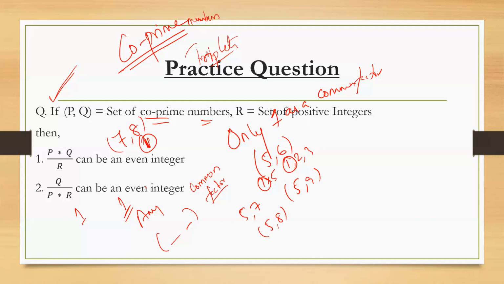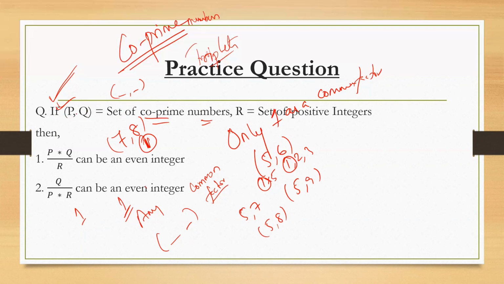Till now, in UPSC, co-prime numbers have not been asked. But still, I want you to understand the same, because if such questions do come in the hall, you should know what it means. So you have to take any two numbers together, because they will always be in pairs.